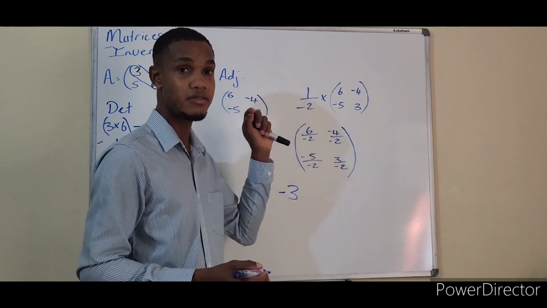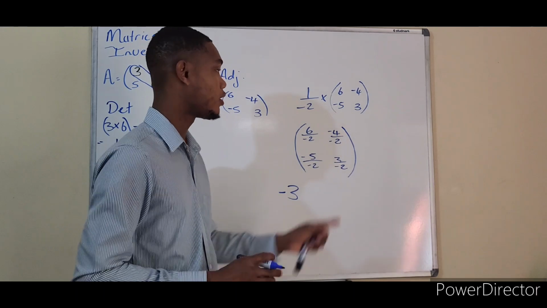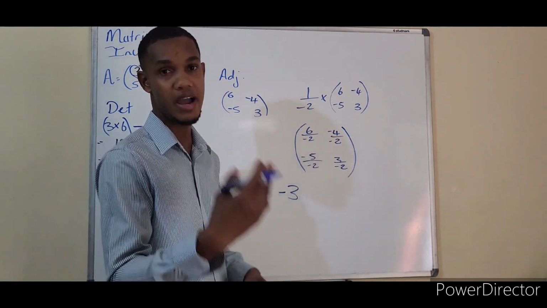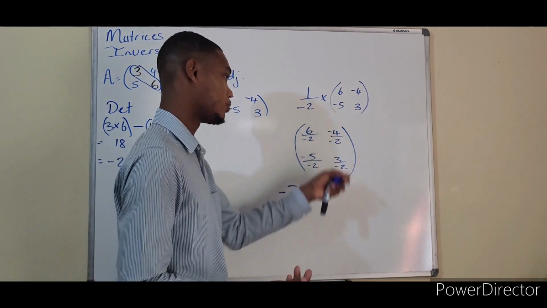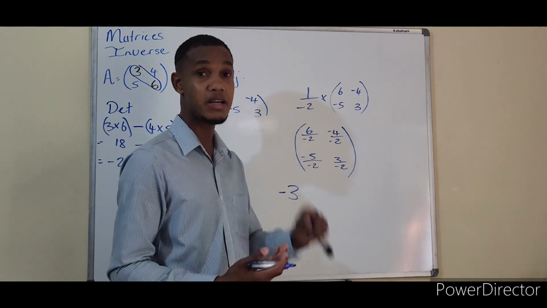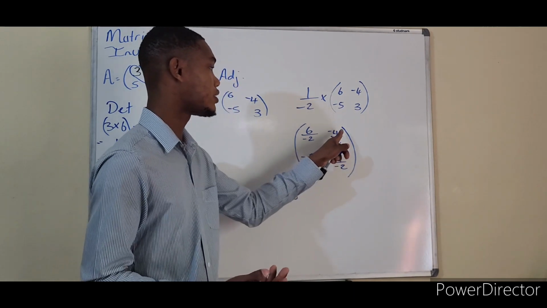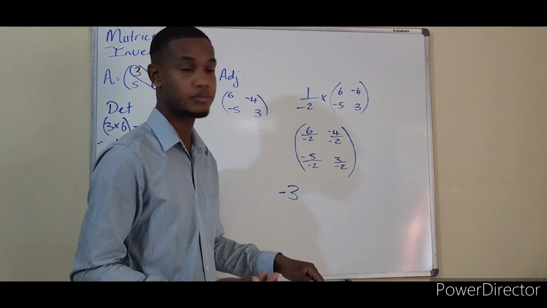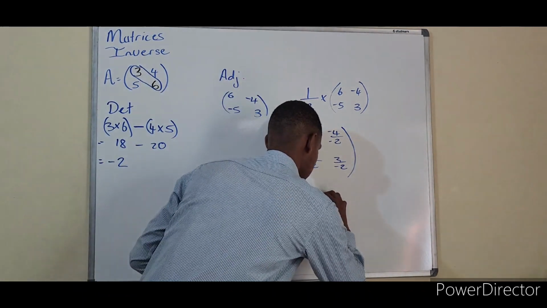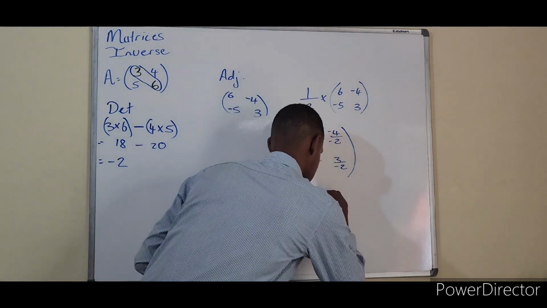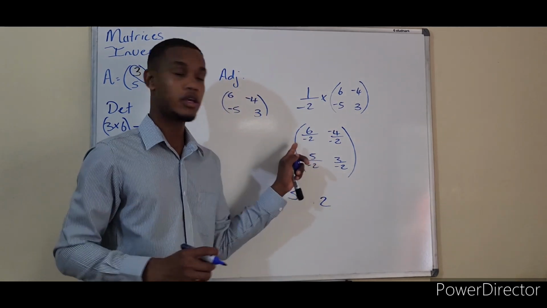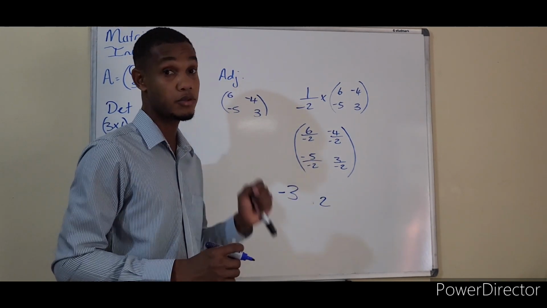Both of them are negative, so you know that at the end of simplifying, you will lose the sign, because dividing a negative by a negative makes it positive. So negative 4 divided by negative 2 will give you positive 2.